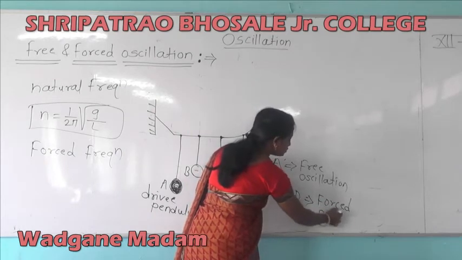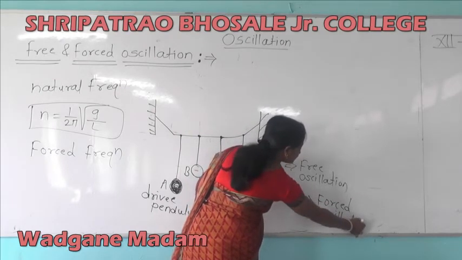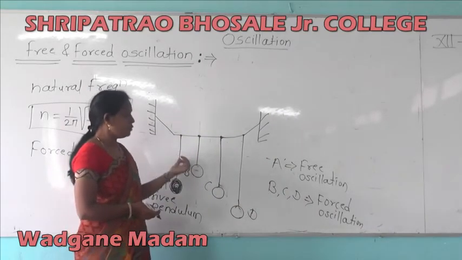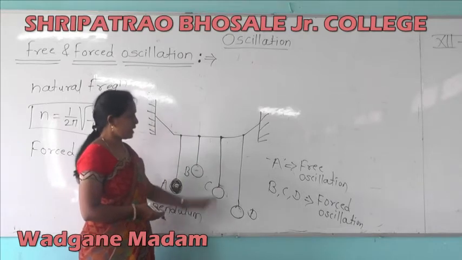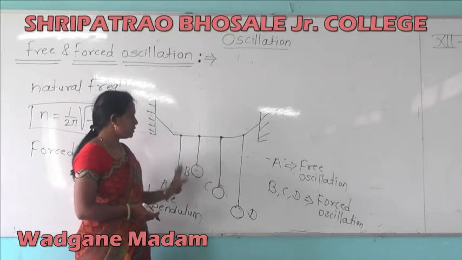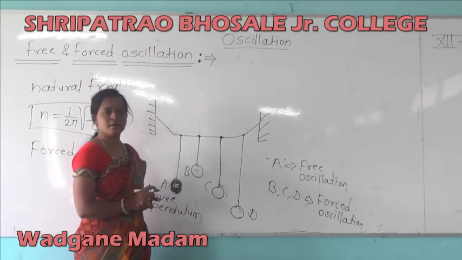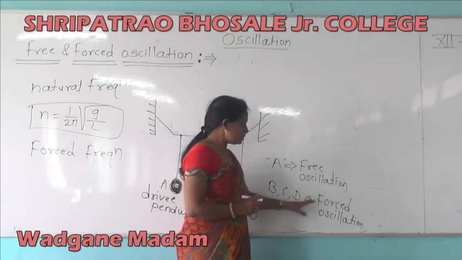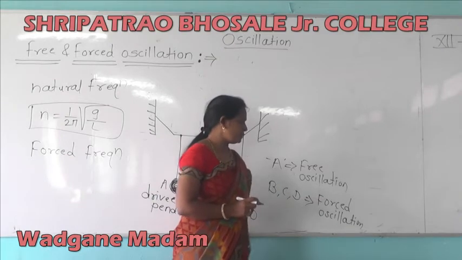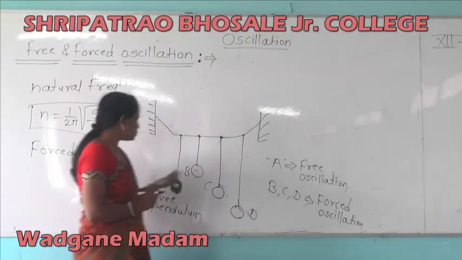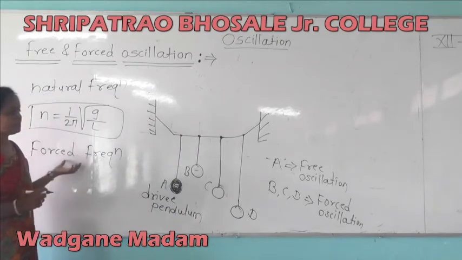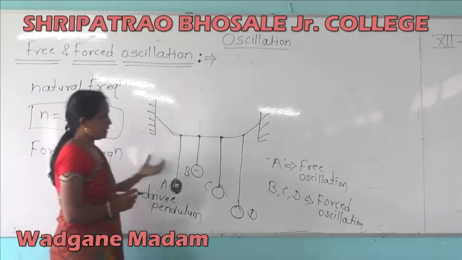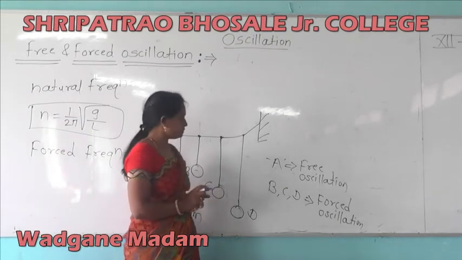Pendulum A vibrates with free oscillation and its length is the same as C, therefore the frequencies of A and C are the same. B, C, D perform forced oscillation, therefore their corresponding frequency is called the forced frequency or driven frequency, and A's frequency is the natural frequency.